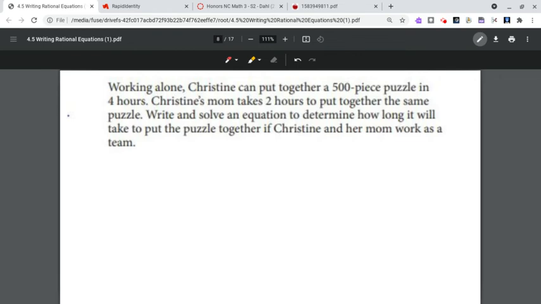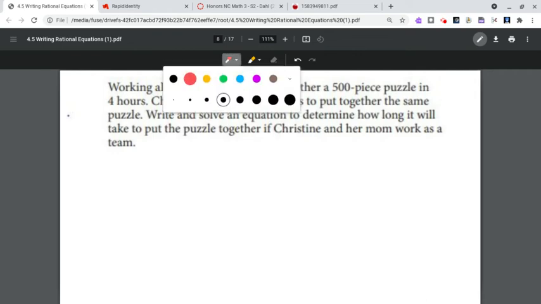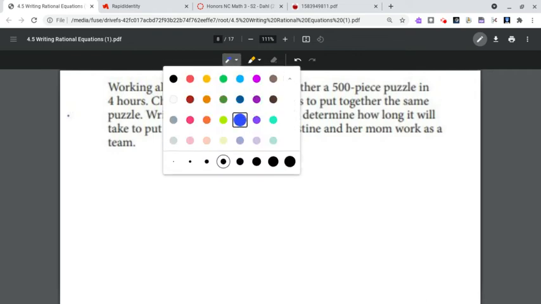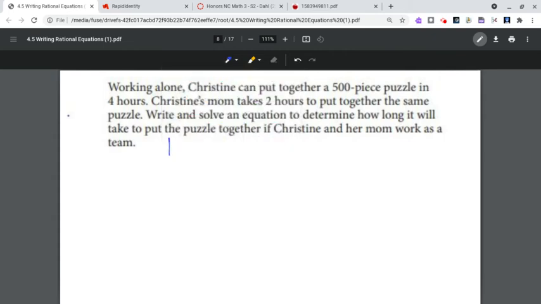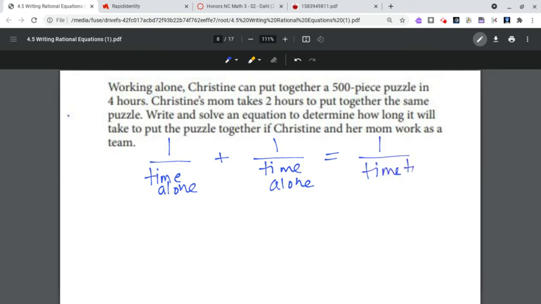Okay, so there's a specific way that I'm going to show you how to set these problems up. So I'm going to give you that kind of formulaic method first. 1 over time alone plus 1 over time alone equals 1 over time together.